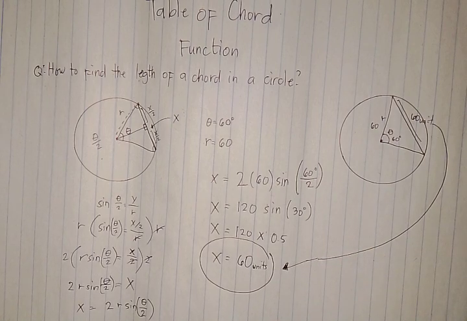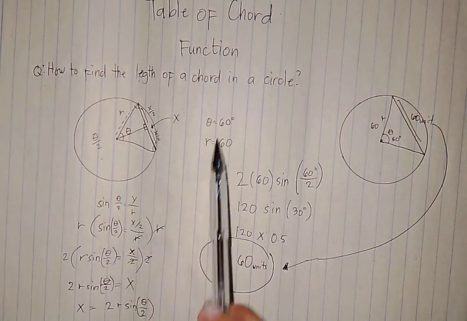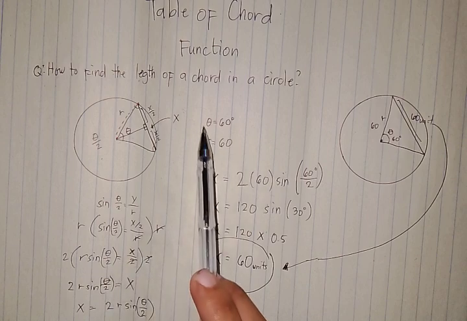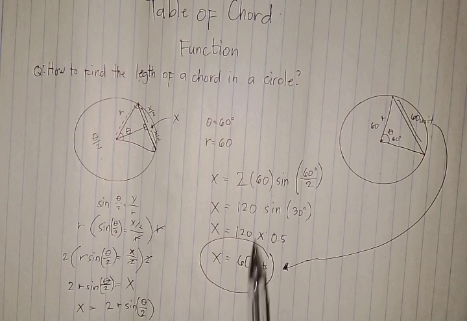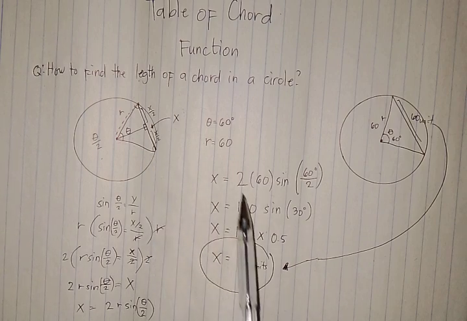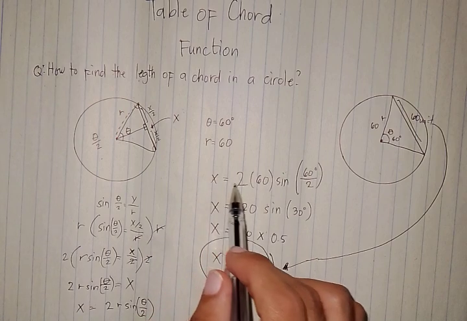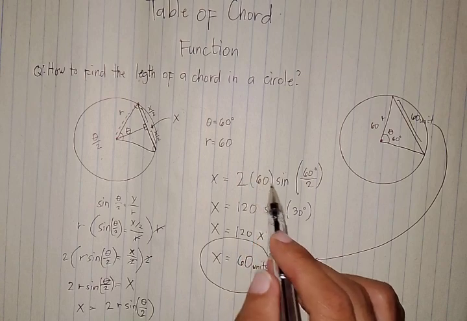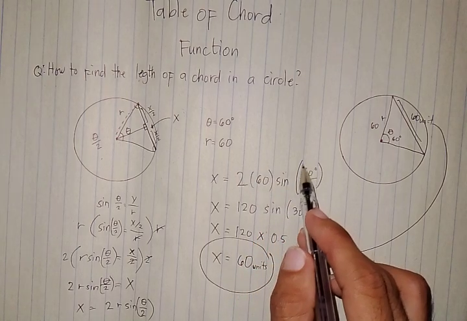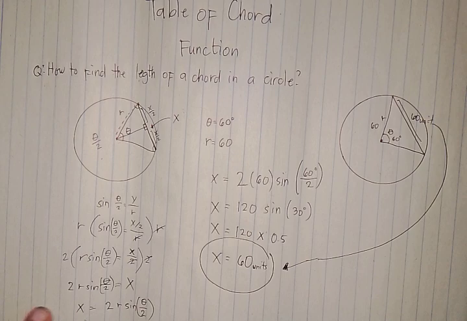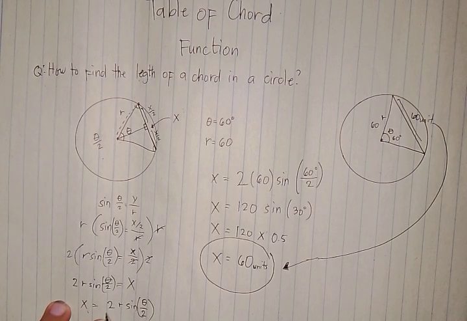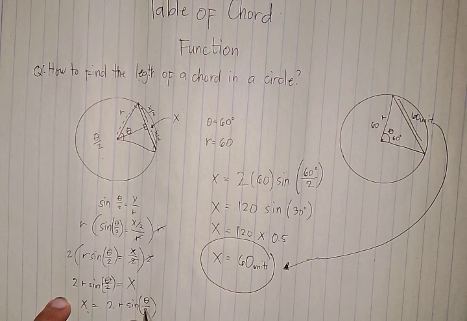You only need to know theta, the central angle, and the radius. Then substitute them into the formula: x is equal to 2r sine theta over 2.